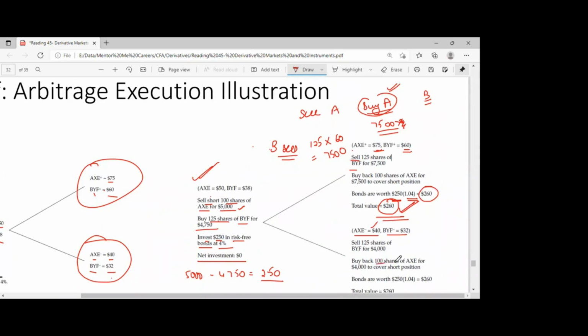So we need to buy 100 shares of A at 40. That means we need $4,000 for that.